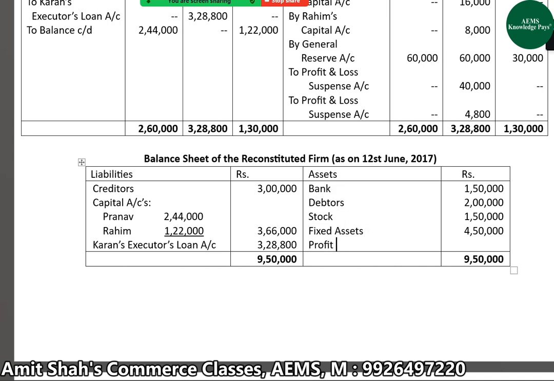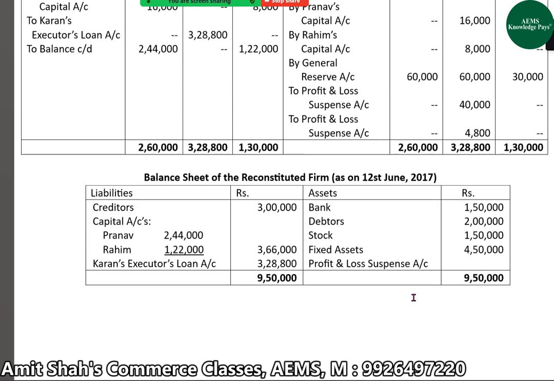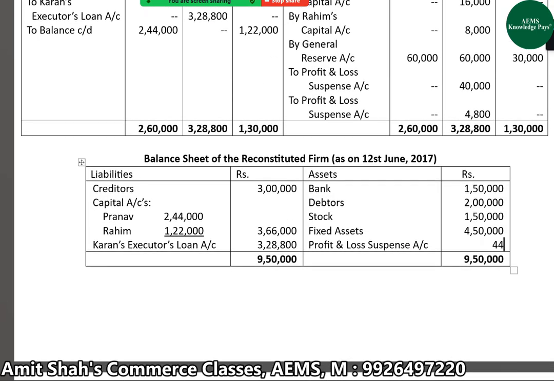And here we will have debit balance of P&L suspense account. And debit balance of P&L suspense account is 44,800. I hope you have got me, guys. Yes, sir.